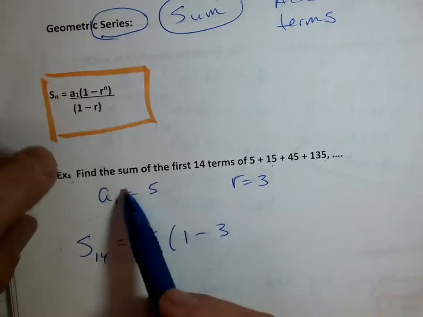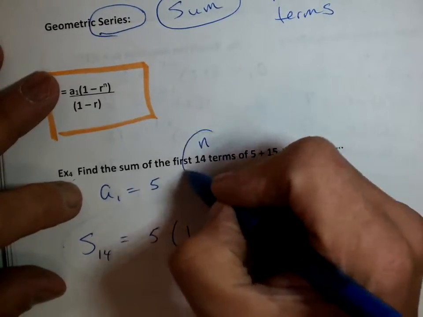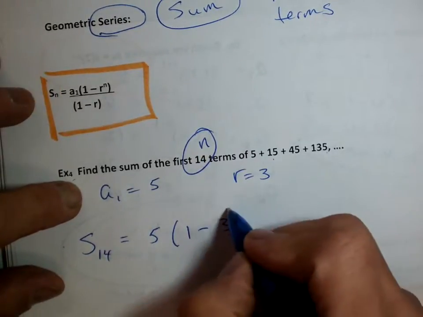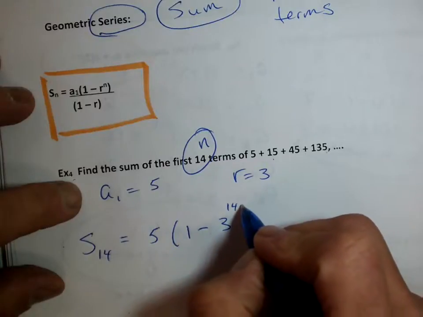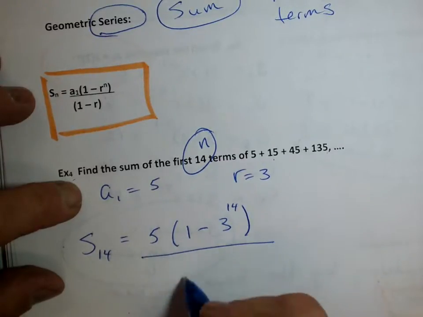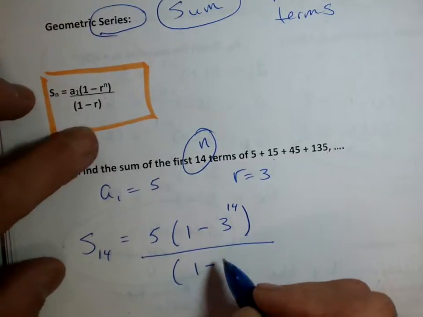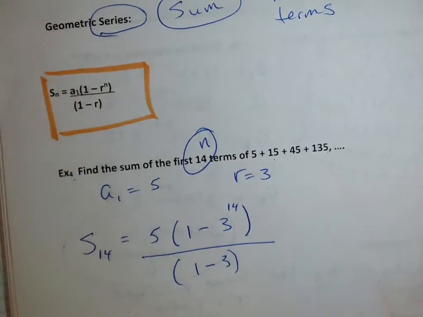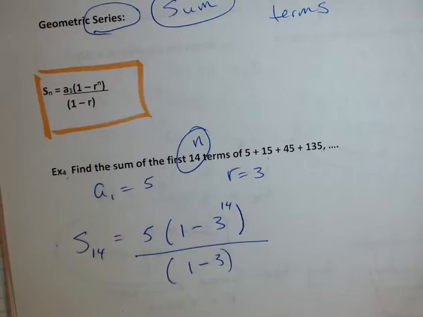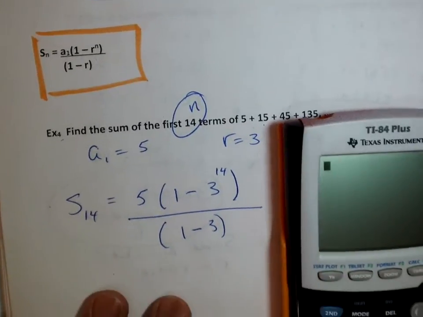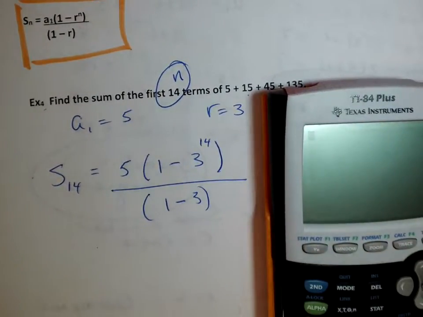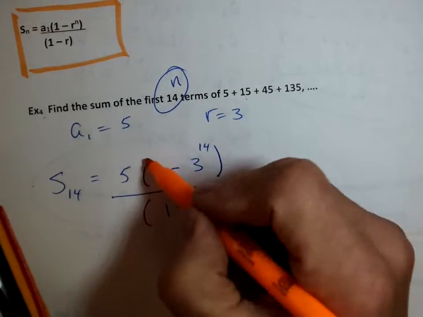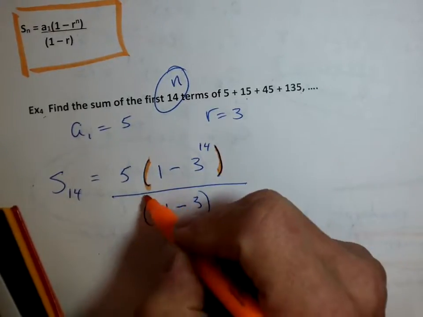We want the first 14, so n is 14. So 3 to the 14th power, all divided by parentheses 1 minus r, which is 3. You absolutely have to have the parentheses for your calculator, in the right place, otherwise it will not work.